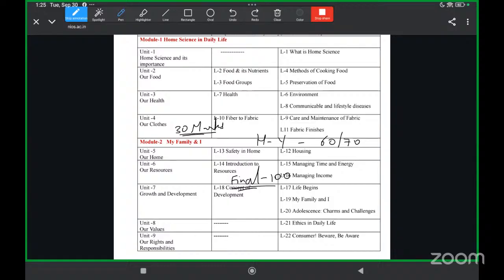I'm telling this to you too: if you have siblings who passed out from the secondary level and took data entry, ask them what the weightage was, whether it was a 40 marks paper or a 100 marks paper. Ask your elders.